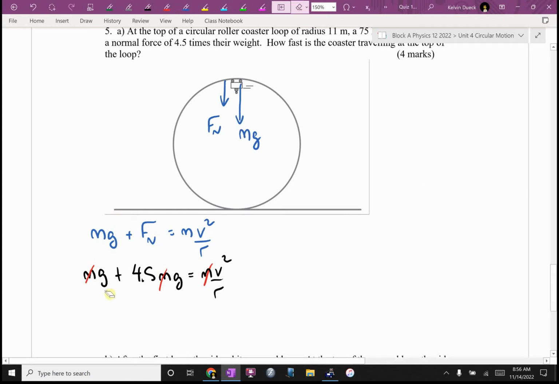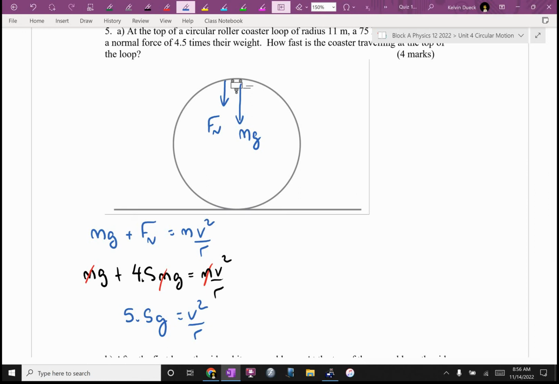I also said, you know what g plus 4.5g is? I gathered like terms. Now some of you might already have started to put numbers in, but I noticed I can write this as 5.5 g's equals v squared over r. And the reason I did that is, how would I get the v by itself? How will I move the r over? The r, and then what?